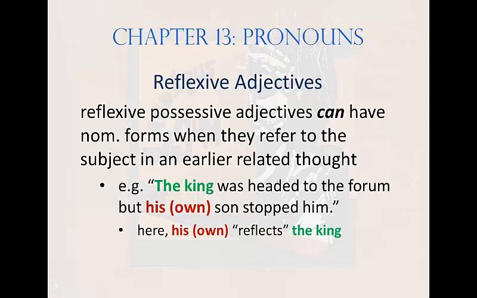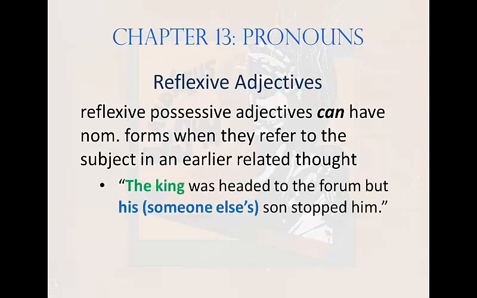Here, his own refers to the king, thus it reflects the subject of the first sentence, the king. In the second sentence, his own modifies son, which would be filius, nominative singular masculine in Latin. Thus the form of the reflexive possessive adjective in the second sentence must be suis, filius suis, nominative.